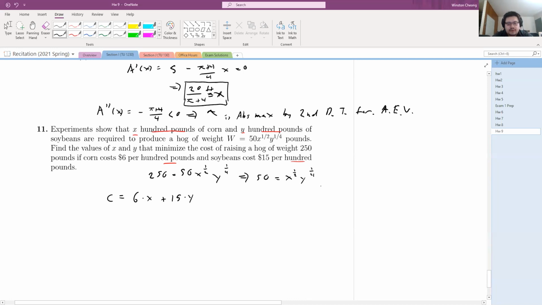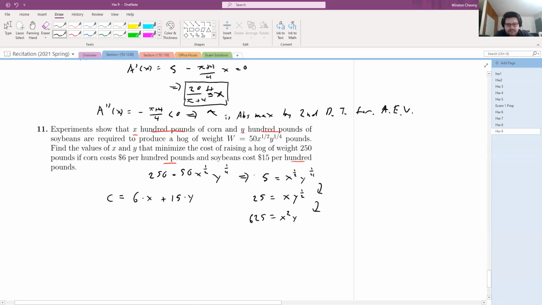Really, you can think about this as squaring twice. If you square it the first time, you get x times y to the 1/2 on the right side. You square it one more time, you get 625 is equal to x squared y. And that's really useful because we would rather not deal with square roots.